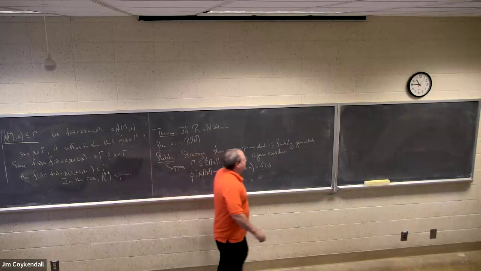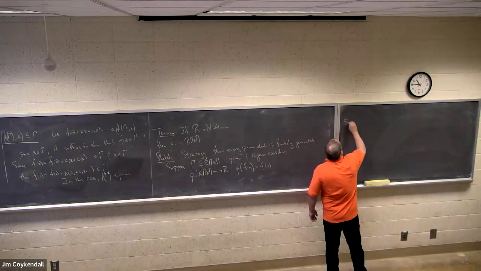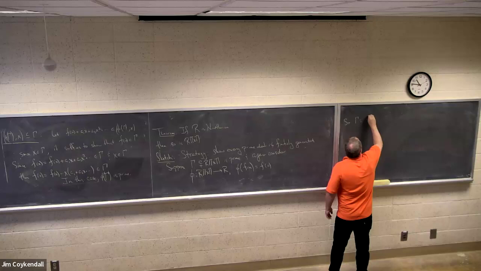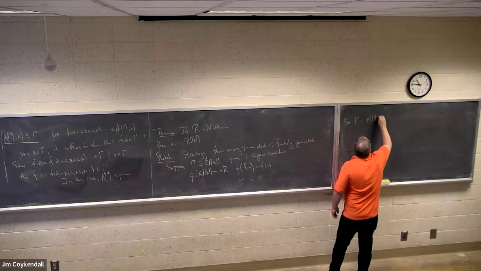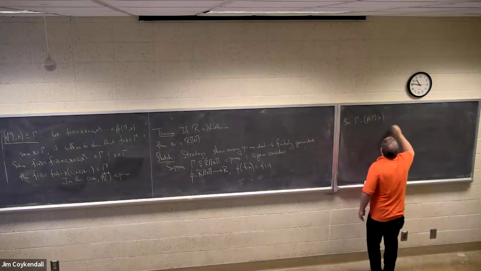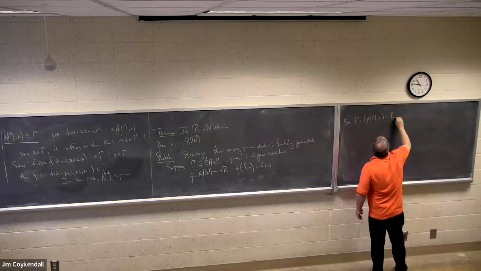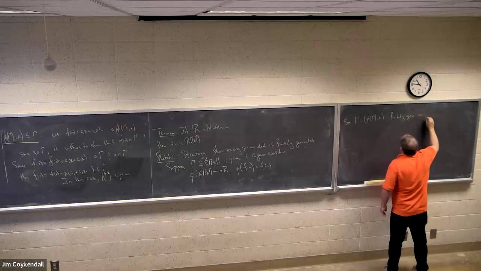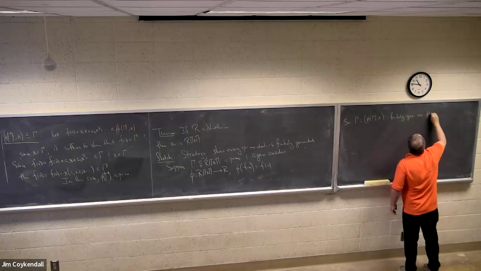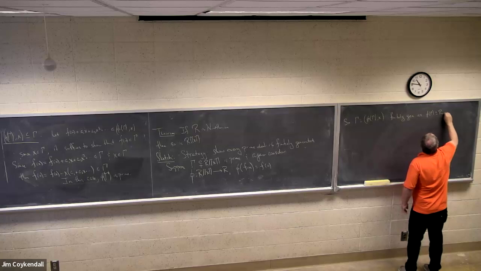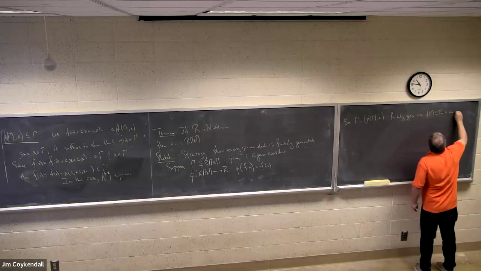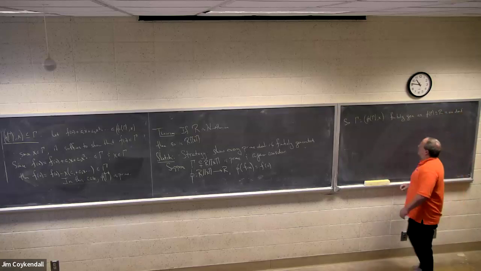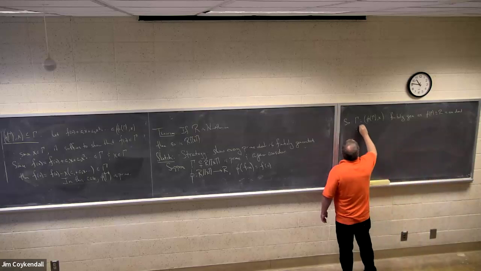I didn't finish my thought here. So gamma is phi of gamma times x. So let me finish my thought here. And this is finitely generated, as the image of gamma in R is an ideal and R is Noetherian.